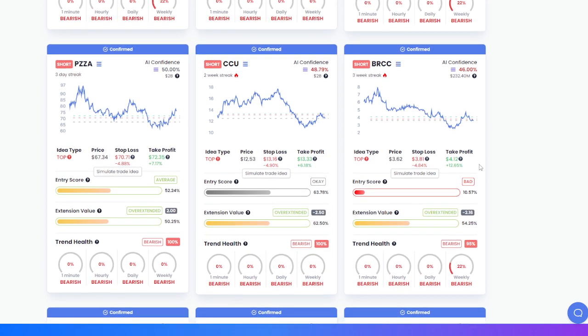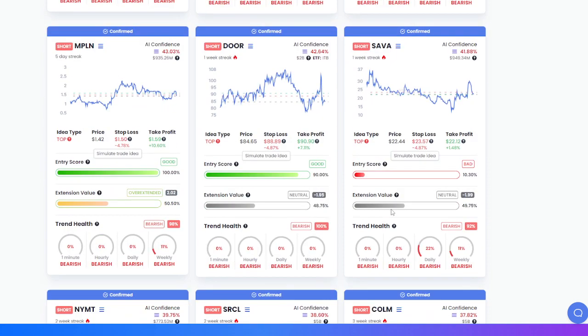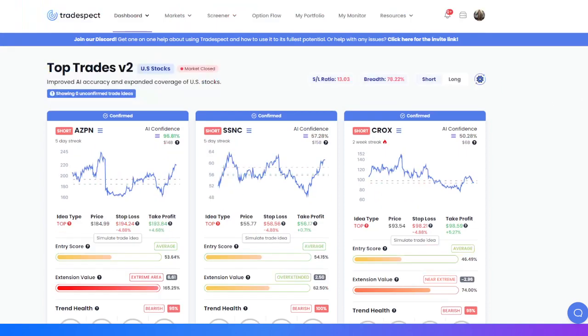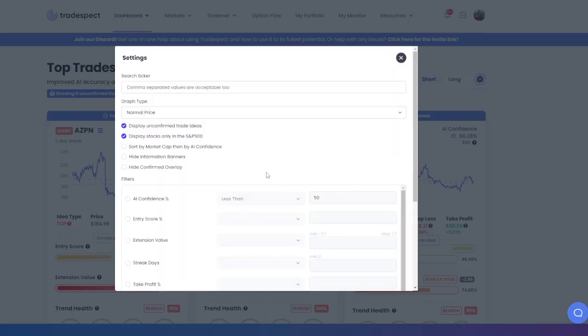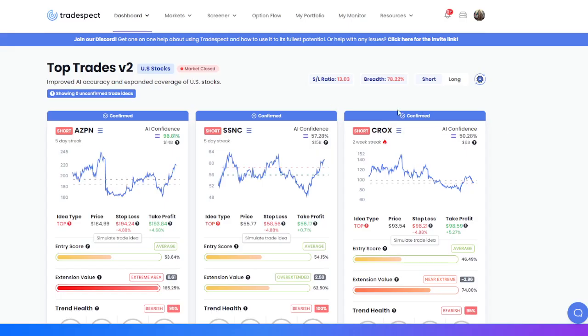So when you select that, you're gonna get really bearish stocks, and this is like a huge safety barrier again in your trade. And make sure you have display unconfirmed trade ideas on, because that's another safety barrier.